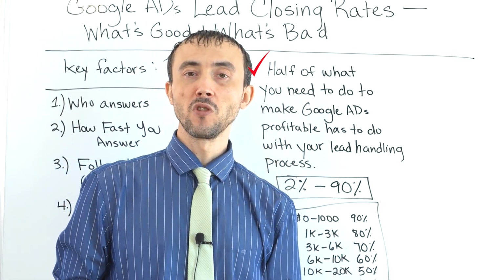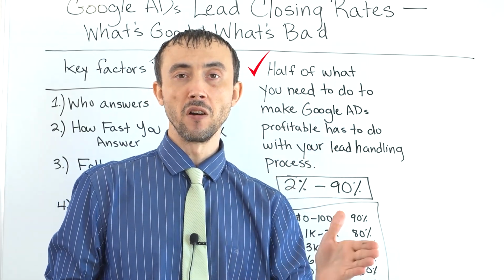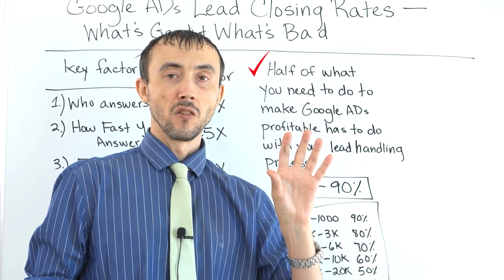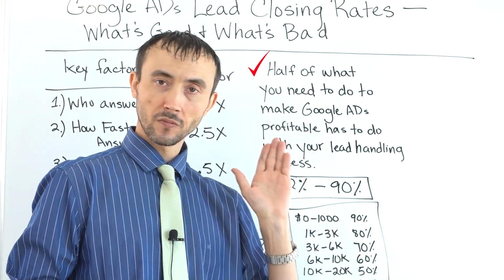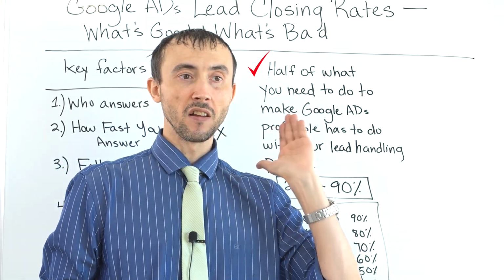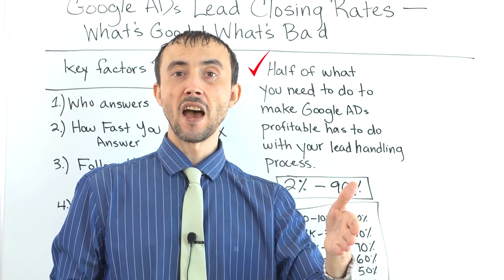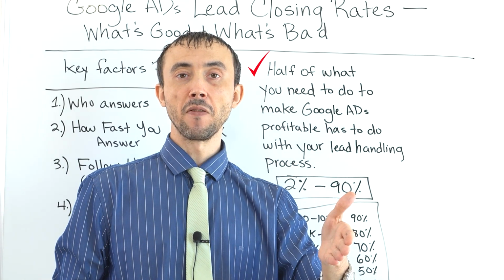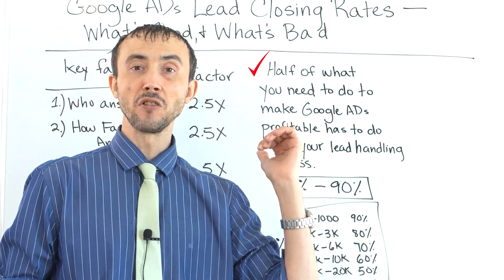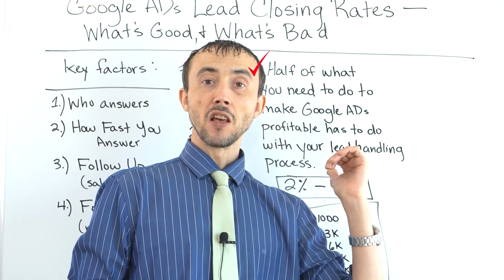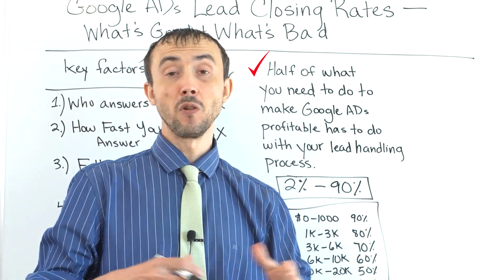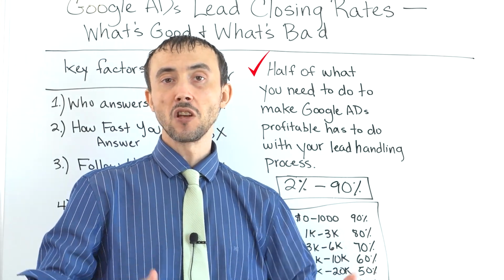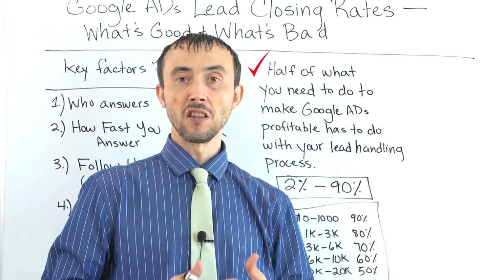Just to give you an idea, if you were a plumber and you sell broken toilet repair, somebody needs it repaired, they call you for that, you can fumble that and end up only closing half of those leads, or less, if you don't have the key other stuff in place, whereas the other person's going to get 95% of those. Really, it just comes down to whether or not you want to put these key things into place.